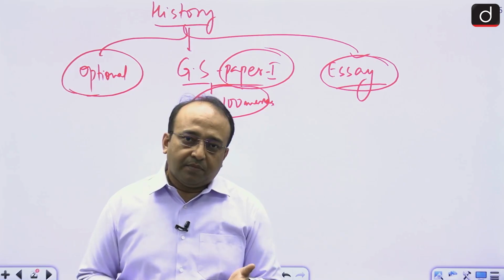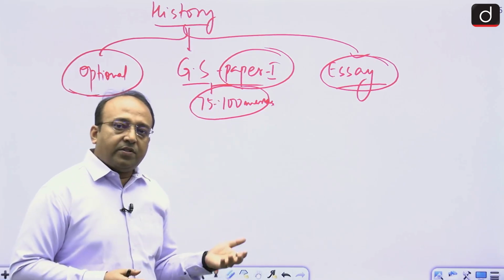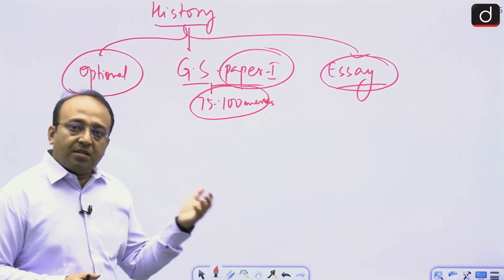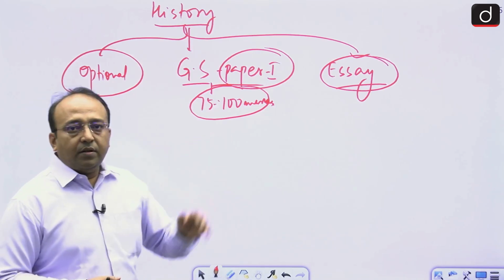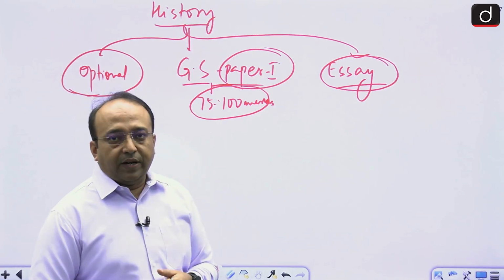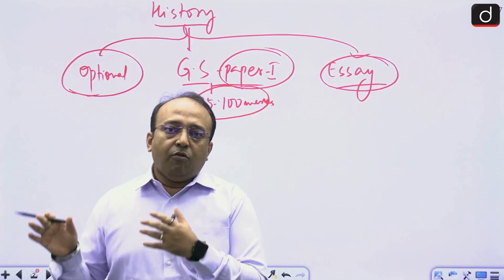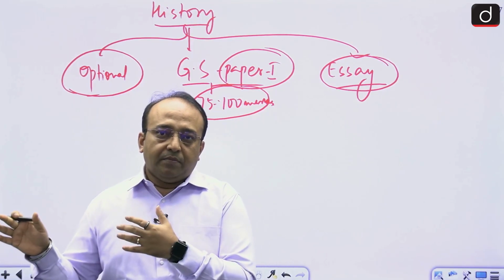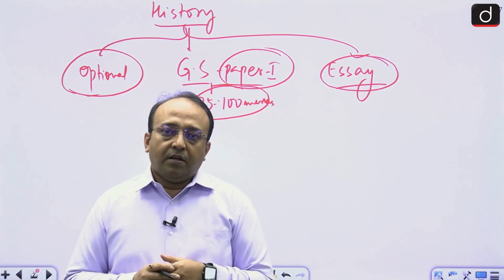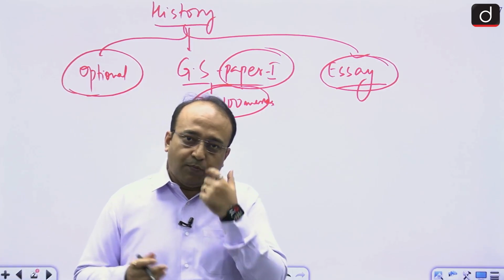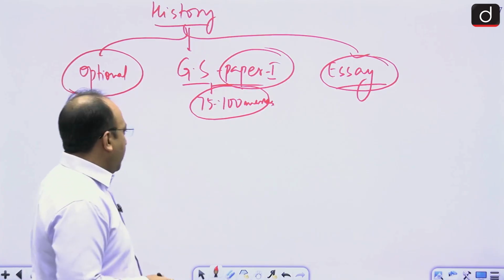Hence the relevance of history could easily be ascertained by all these examples. Having said that, this is why one should opt for history as an option. That is what was the first point that I wanted to inform all of you.